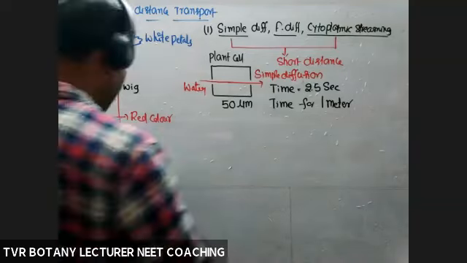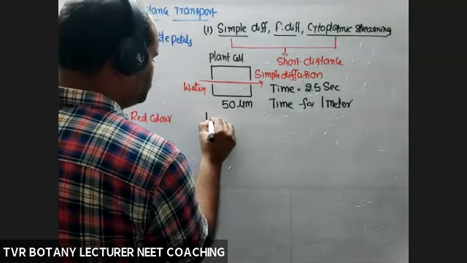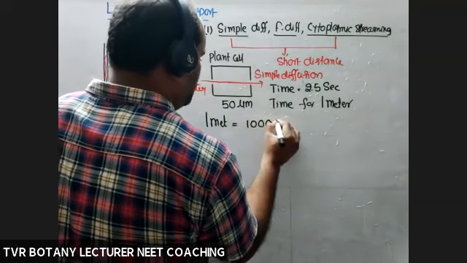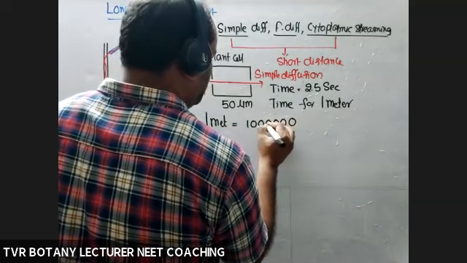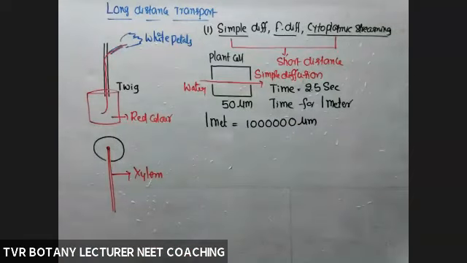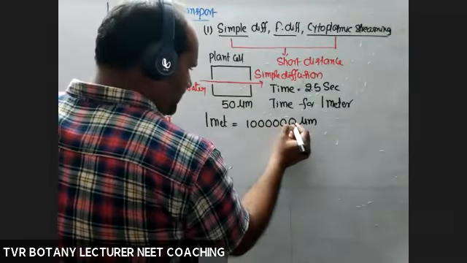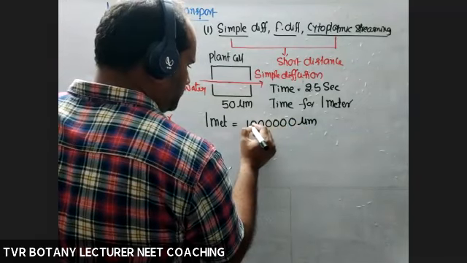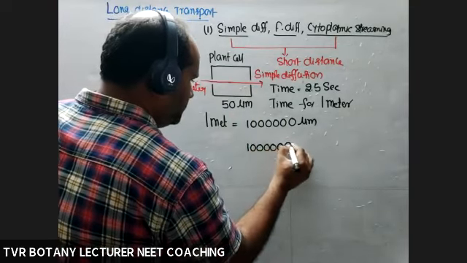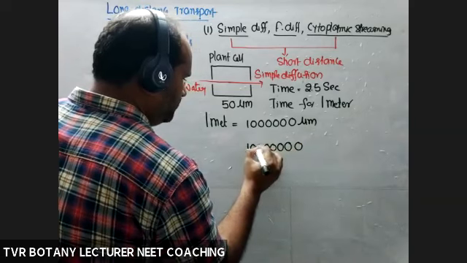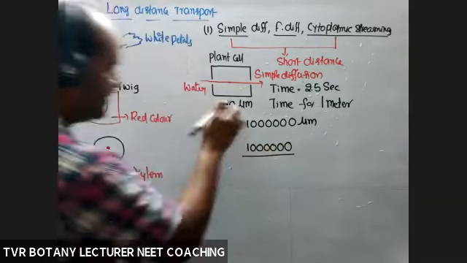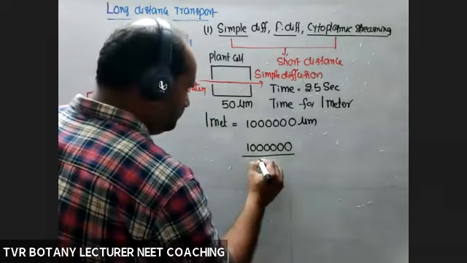Okay, so 1 meter is equal to 10 lakh micrometers. Now 10 lakh micrometers divided by the length of one cell. How much? 50.